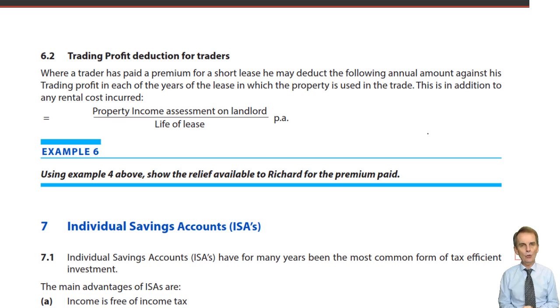What we'll be able to work out is not a one-off relievable figure in the period in which they paid that premium, but what will be an annual trading profit deduction for the business to take throughout each of the years of that lease. That's what we're looking at now. It will lead you nicely through to chapter 4, which is the next chapter.